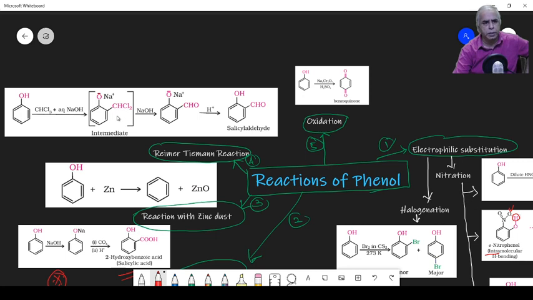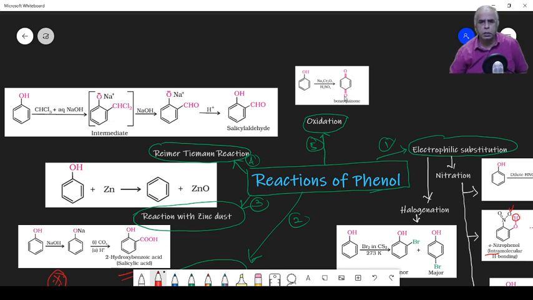We get this intermediate, and on further hydrolysis with sodium hydroxide, we are able to get the sodium salt of orthohydroxybenzaldehyde, and further on hydrolysis in presence of acid, we are able to get orthohydroxybenzaldehyde, that is salicylaldehyde. Okay, so salicylaldehyde formation is the specialty of Reimer-Tiemann reaction, which is used in chemical drugs.